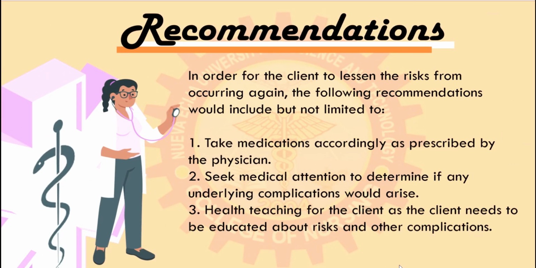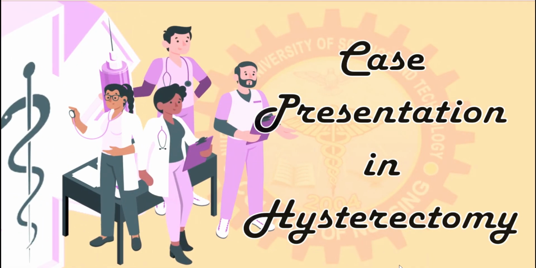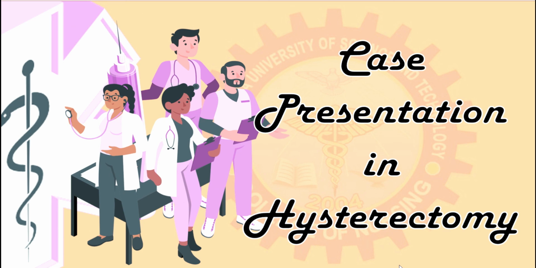In order for the client to lessen the risks from occurring again, the following recommendations would include but not limited to: Number 1, take medications accordingly as prescribed by the physician. Number 2, seek medical attention to determine if any underlying complications would arise. And number 3, have teaching for the client as the client needs to be educated about risks and other complications.